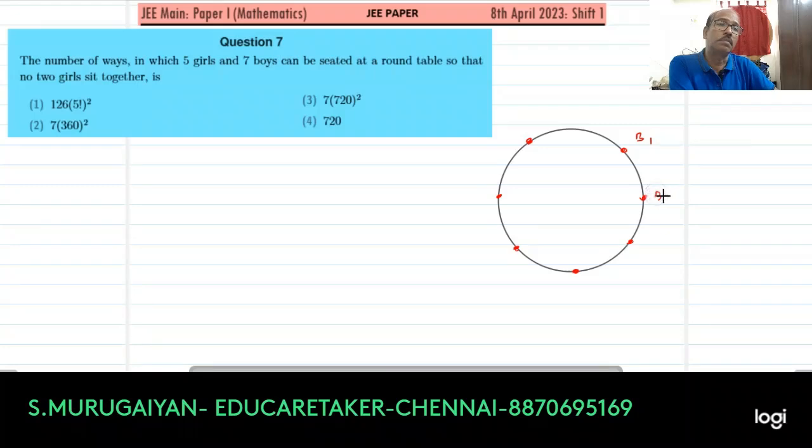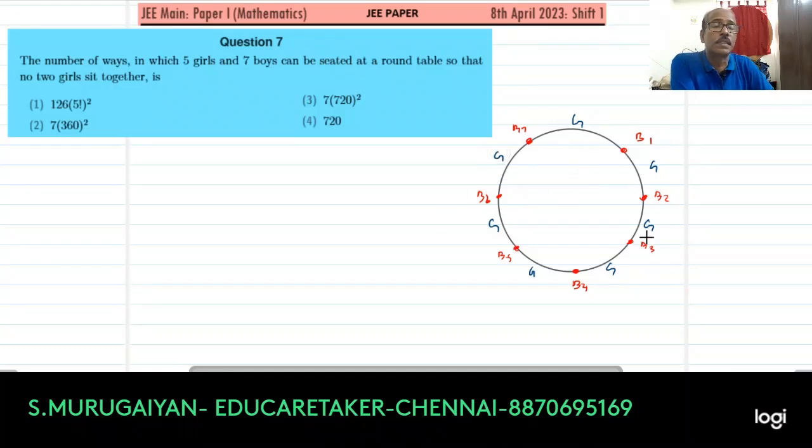B1, B2, B3, B4, B5, B6, B7. So in between, for the girls, how many possibilities? 1, 2, 3, 4, 5, 6, 7 possibilities.